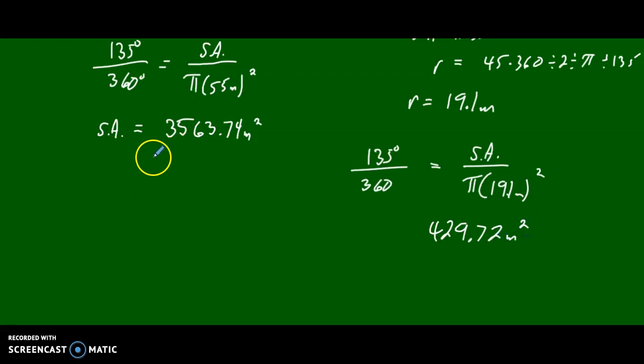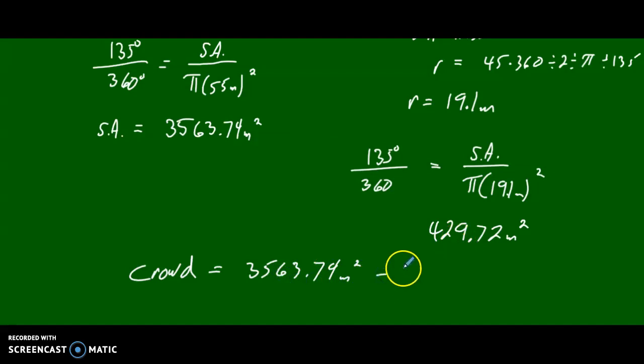And I subtract. This is the total area. So the crowd area is going to be the big sector area, 3,563.74, minus the small sector area, 429.72 meters squared.